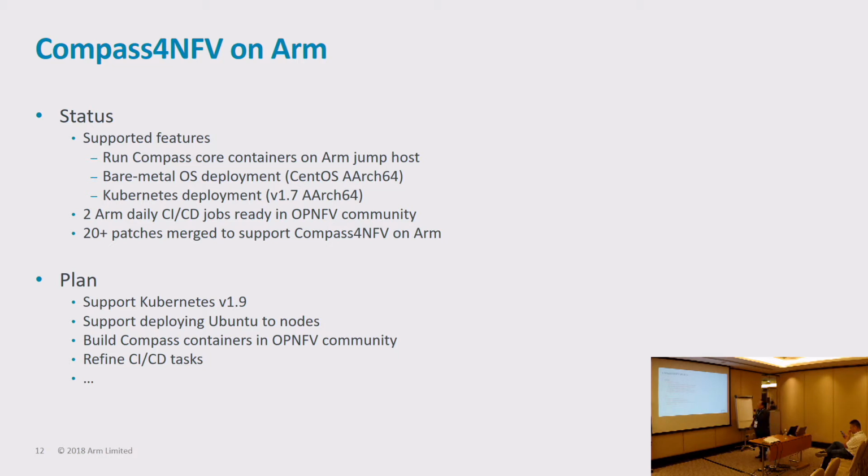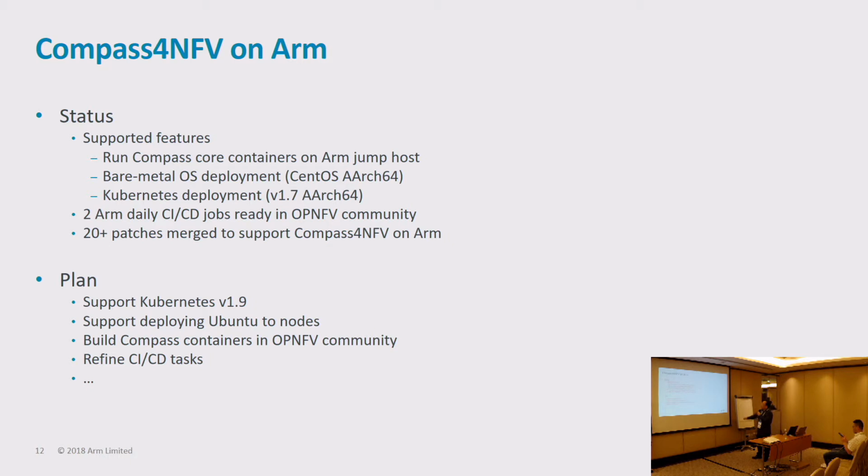Now I will summarize what we have done. For Compass on ARM platforms, the current status is that all major features are already supported on ARM platforms. We submitted about 20 plus patches, and all the patches are merged to make the Compass4NFV project support ARM and deploy ARM bare metal servers smoothly.